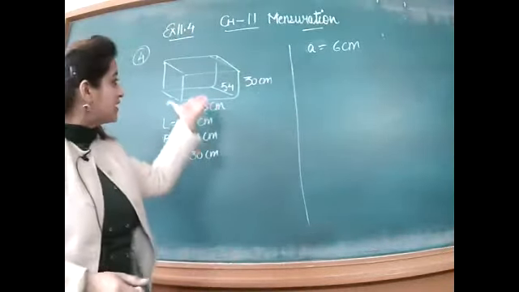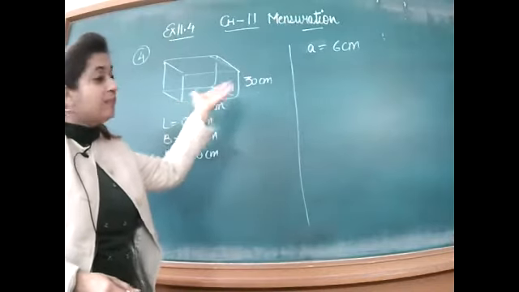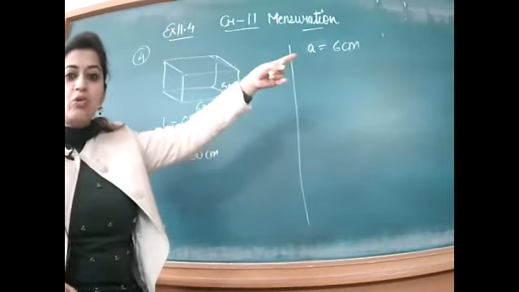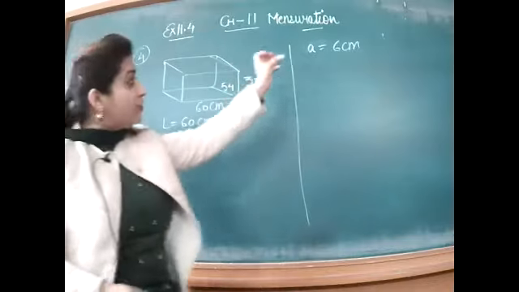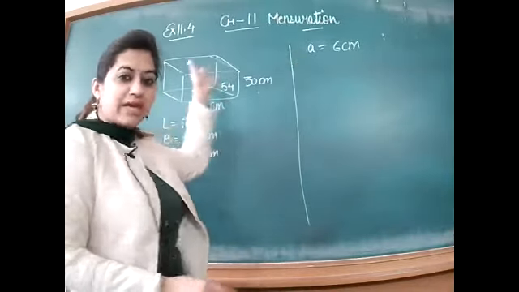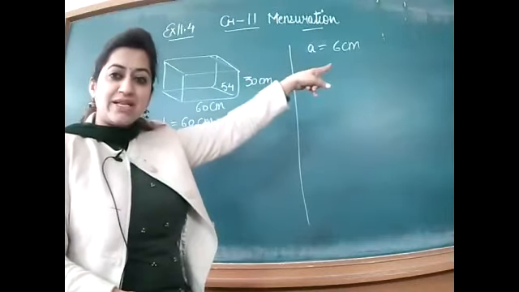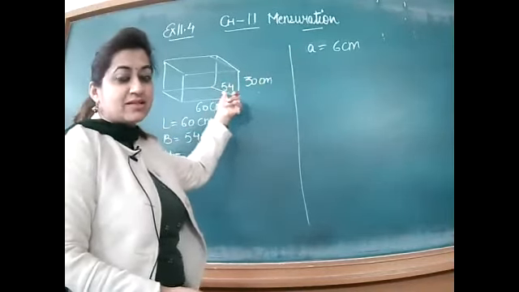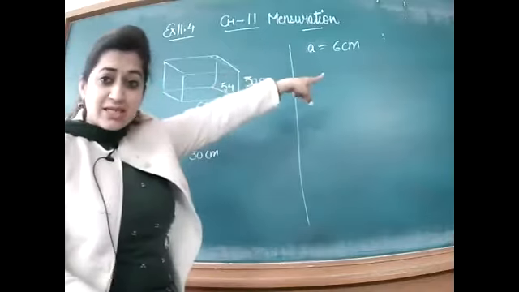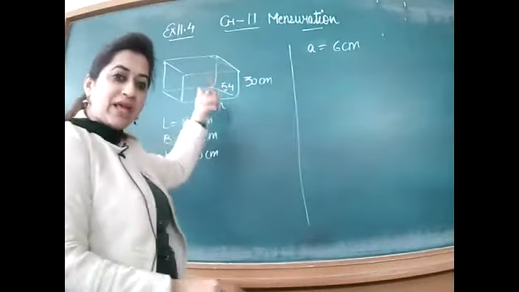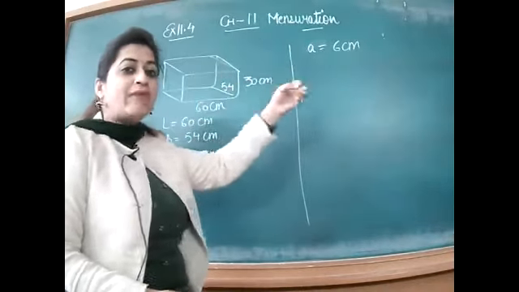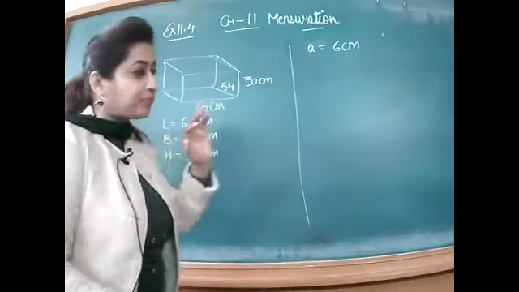Suppose one room is in the form of a cuboid, and small cubes are there whose edge is 6 centimeter, and you have to keep these small cubes in the cuboid. Then the question is, how many cubes of side 6 centimeter can be placed in this? This cube you have to place inside the cuboid. So you have to tell me the number of cubes.